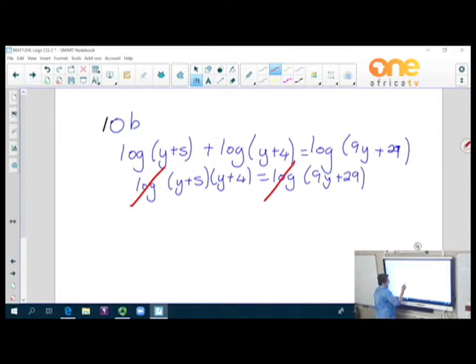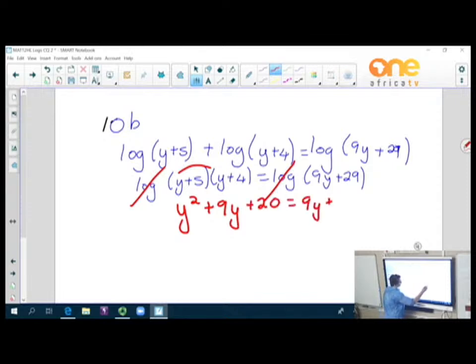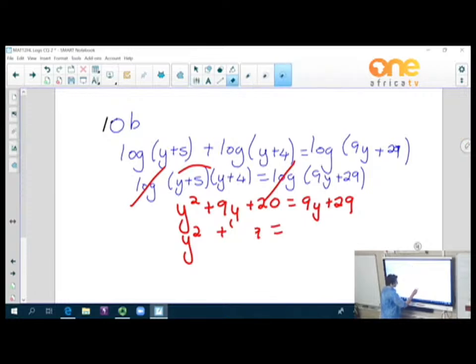Here I've got a trinomial, so it will be y squared plus 9y plus 20, which is equal to 9y plus 29. The 9y will cancel out, and if you bring that over, we get y squared minus 9 is equal to 0.